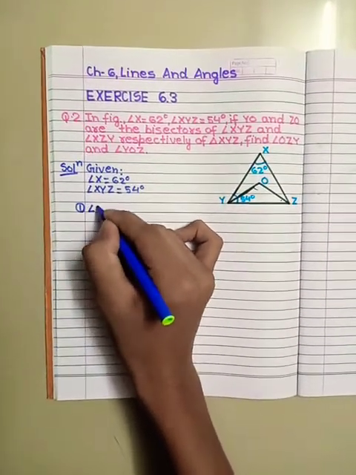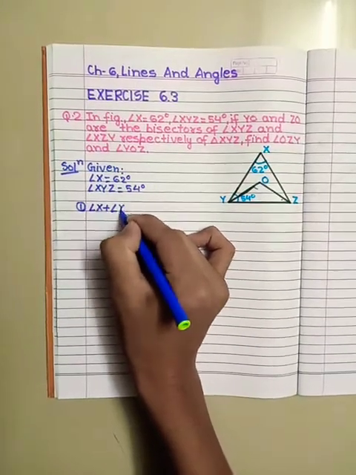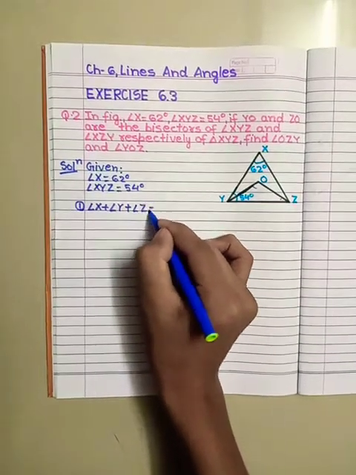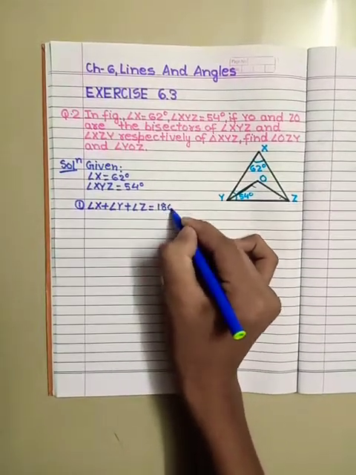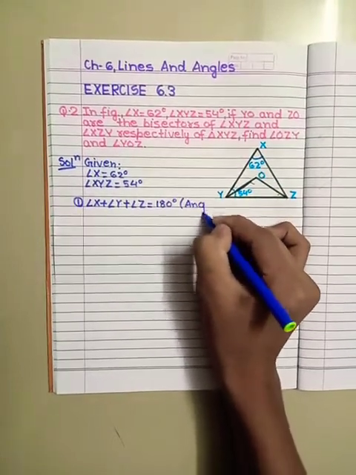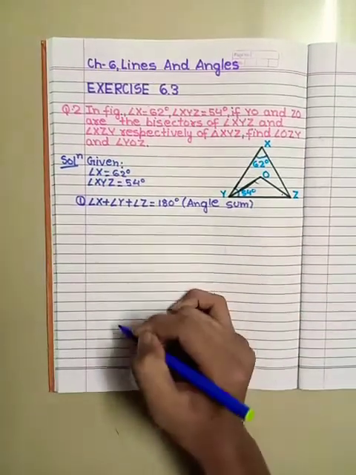We can write that angle X plus angle Y, that is the complete angle, plus angle Z will be equal to 180 degrees. Reason: angle sum property of a triangle.